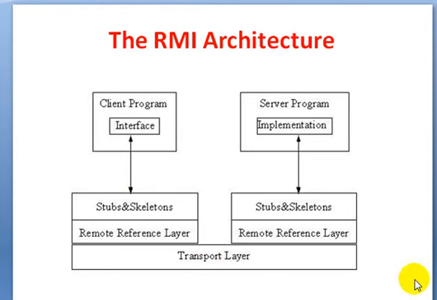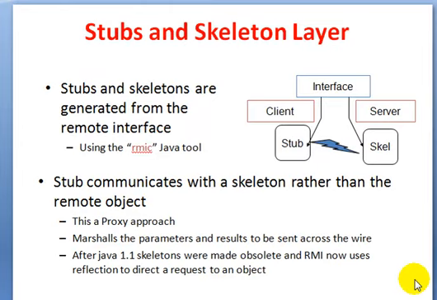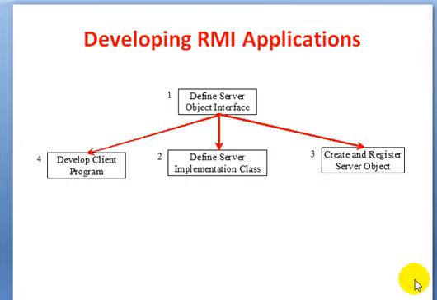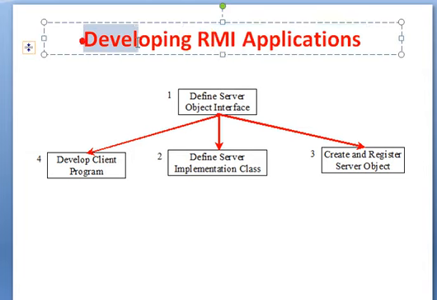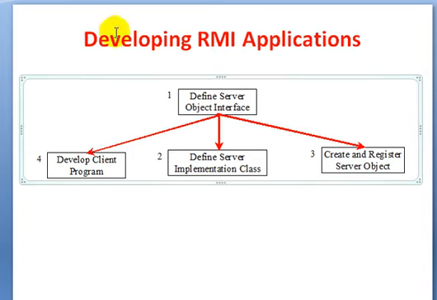But basically, as I said, we have the following development procedure that we want to follow in the next few minutes. We need to define the server interface, or the object interface, and after that we need to define the server implementation for this object interface.